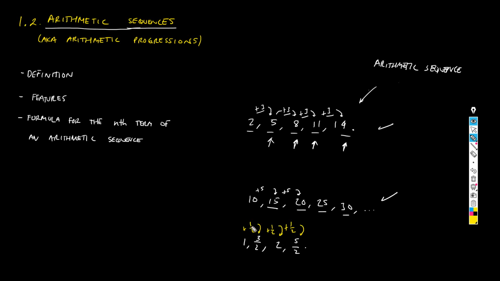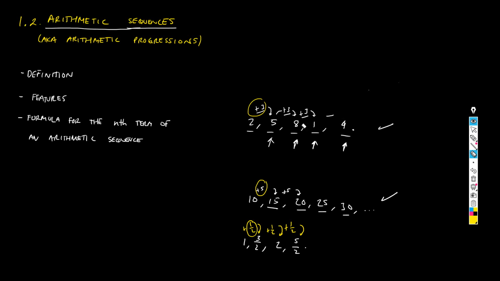So as you can see, this constant that we are constantly adding to produce the new terms can be either positive numbers, negative numbers, fractions, whatever. There are no restrictions upon this number that I'm constantly adding to produce the new ones. It can be any number whatsoever.